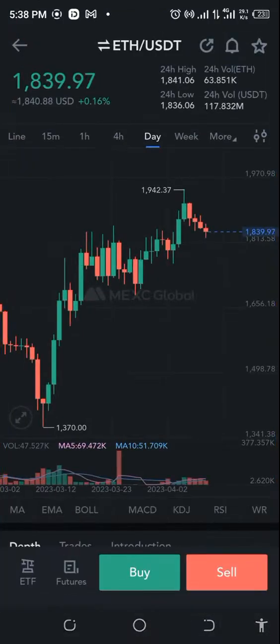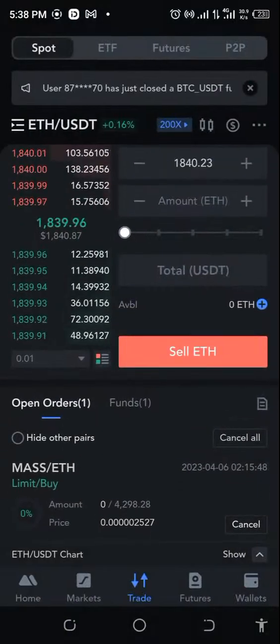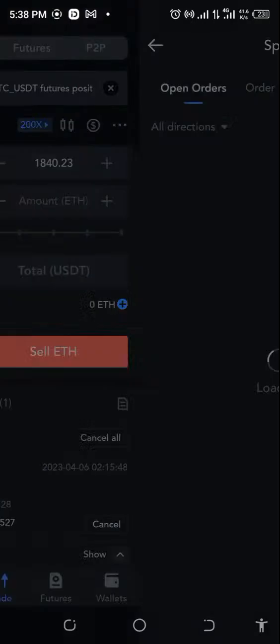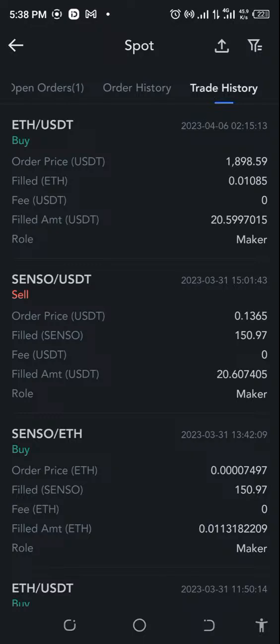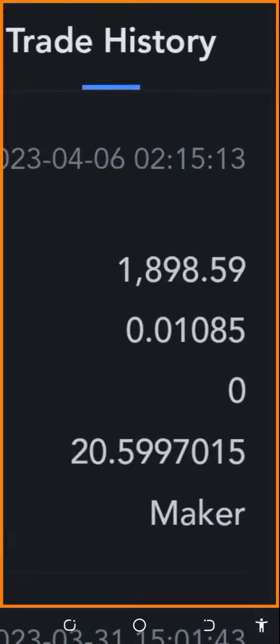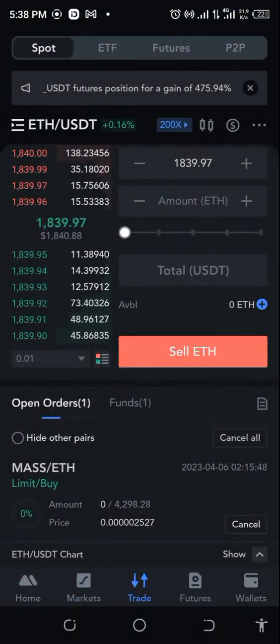Because I bought ETH at 1,898, almost 1,899, as you can see here. So right now the value of ETH has gone down.